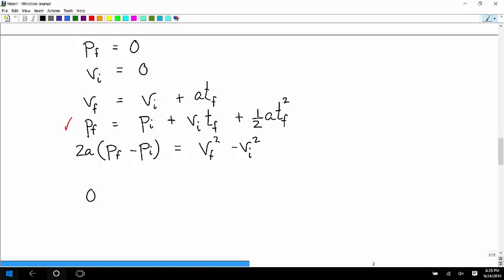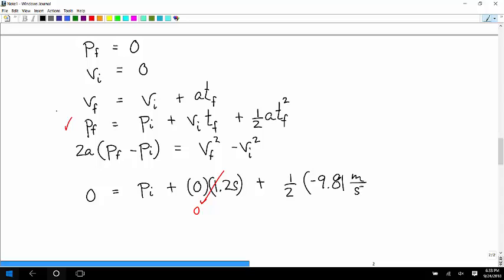So P final is 0. That's equal to PI, which we're trying to find, plus 0 times 1.2 seconds. So that term's going to be 0. Plus 1/2 times negative 9.81 meters per second squared times 1.2 seconds squared.